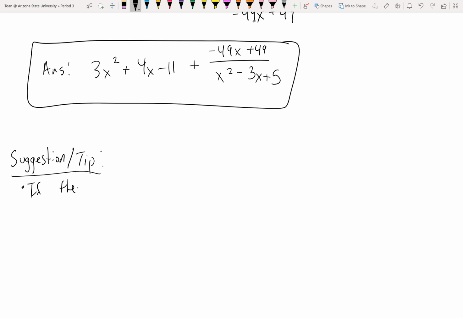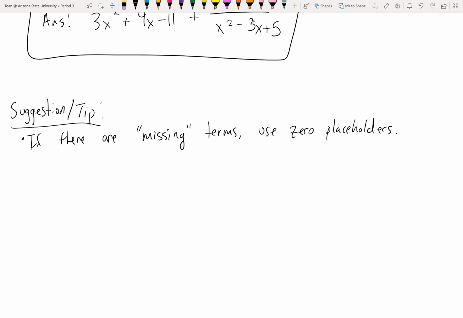If there are, quote, missing terms, use 0 placeholders. Now, I call this a suggestion and a tip and not a rule, because if you don't follow this, the world's not going to blow up.